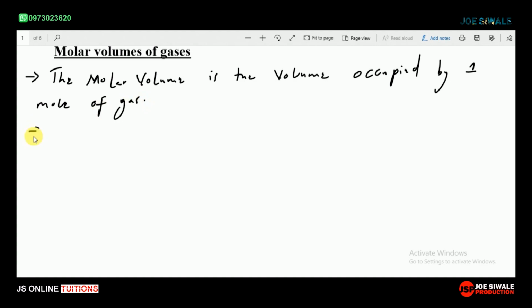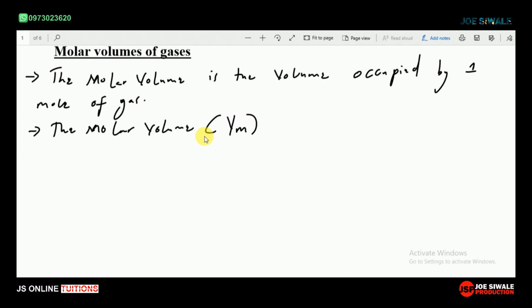The molar volume is represented by this symbol: we are going to have a V and an M. So that's the representation of the molar volume.